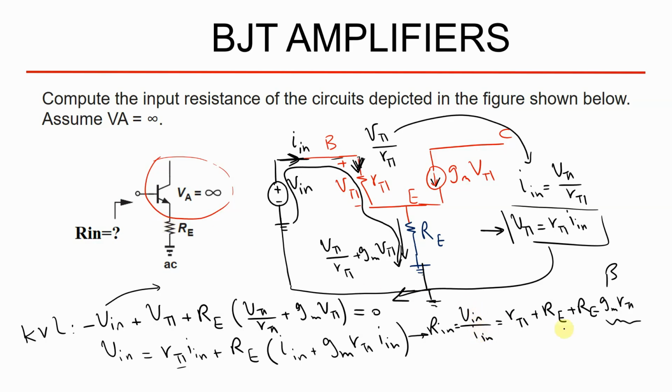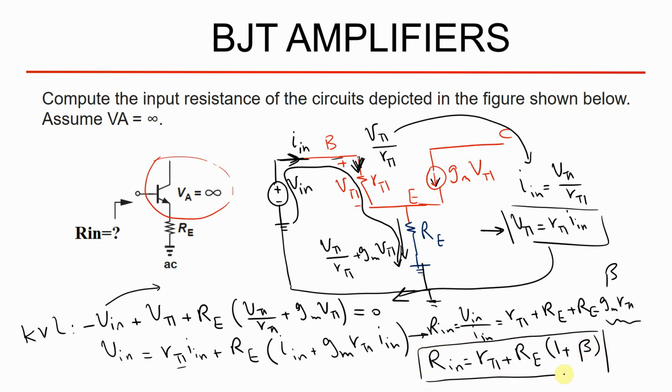So here this is R in seen from this node. You can say that this is R pi plus, by some simplification, RE times 1 plus beta for this amplifier. This is a really important expression, although I proved that to you from the reference book, of course, Fundamentals of Microelectronics by Professor Behzad Razavi.